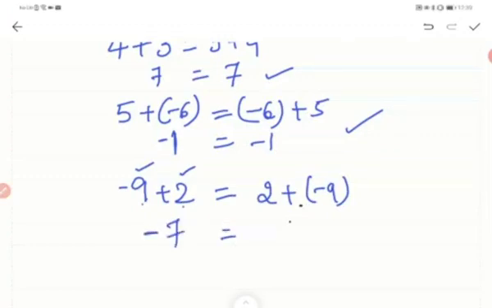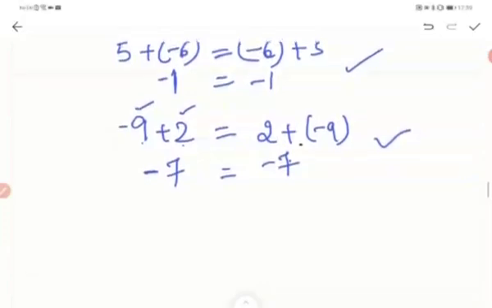And here also it is minus 7. So in any scenario you take, it is true. So in general, for two integers a and b, the condition a plus b is equal to b plus a is true.